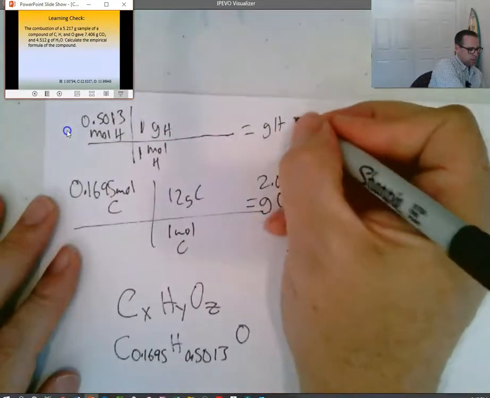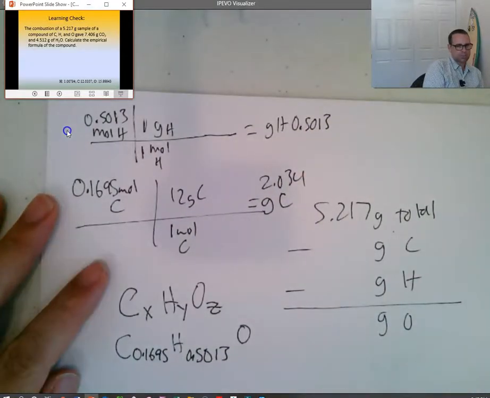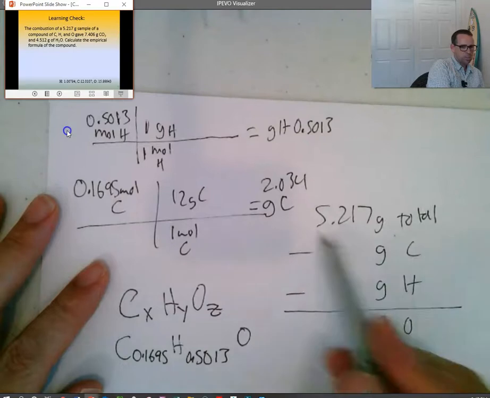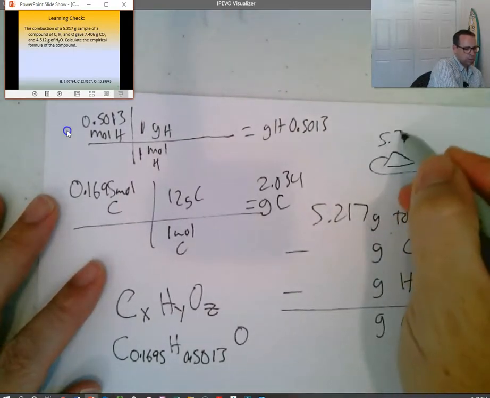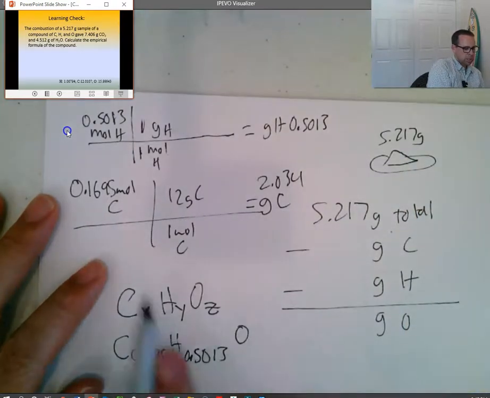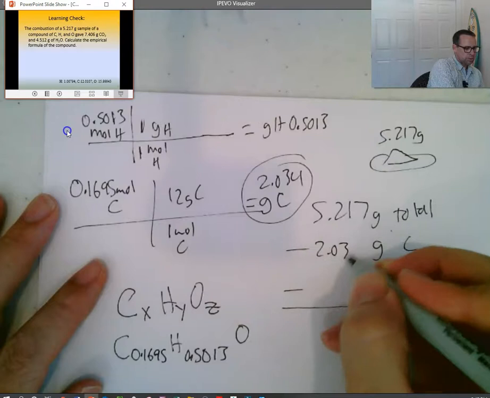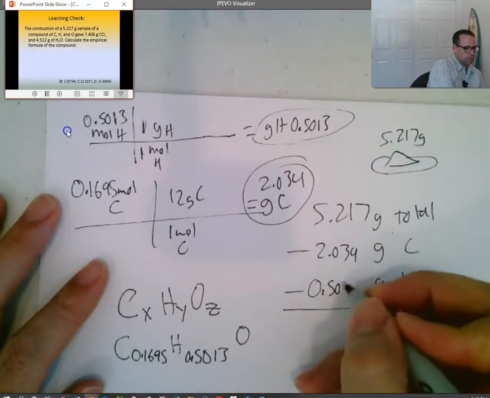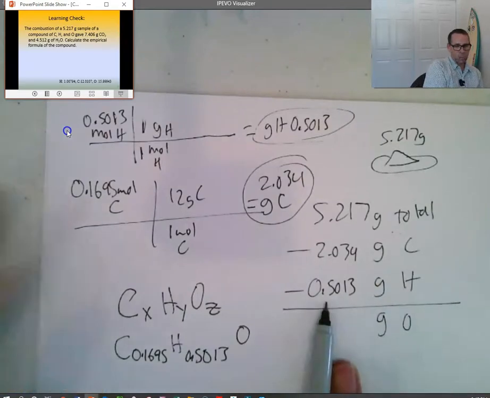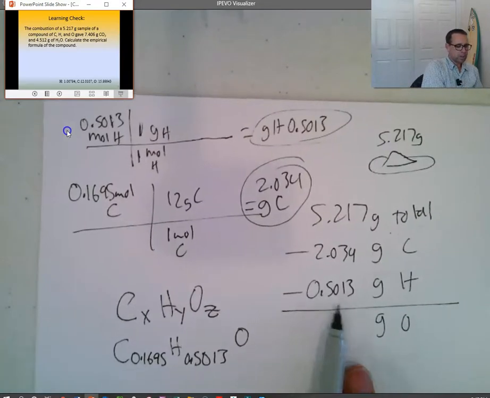So it's 0.5013 grams of hydrogen. Since 1 gram of hydrogen is 1 mole of hydrogen, the numbers are the same.